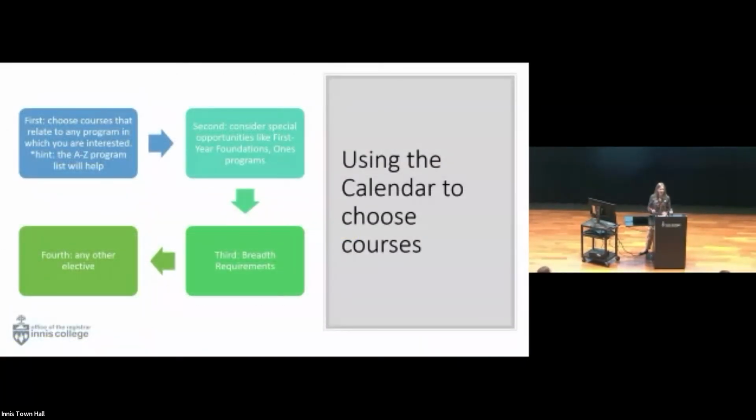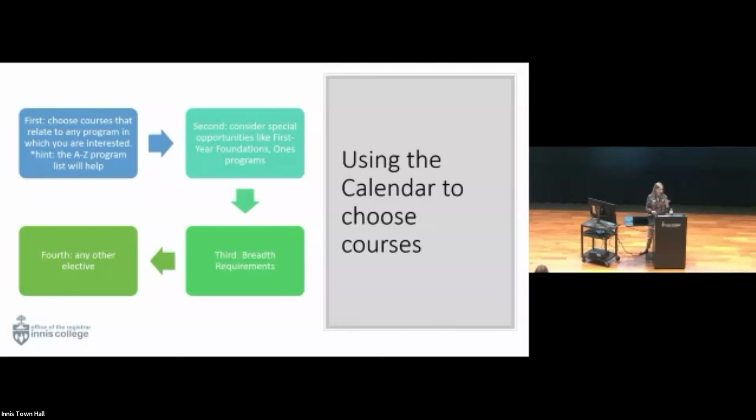Using the arts and science calendar to choose your courses, this is a sort of flow chart of how we encourage you to think about choosing your courses. First, go through that A to Z listing and choose programs that are in your area of interest.